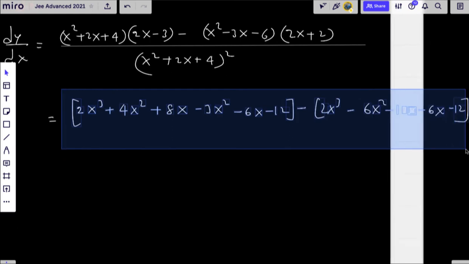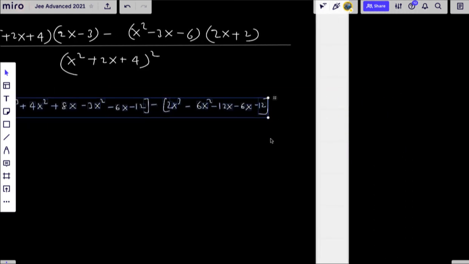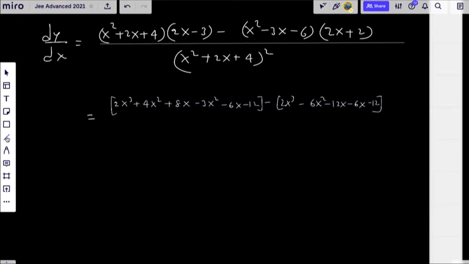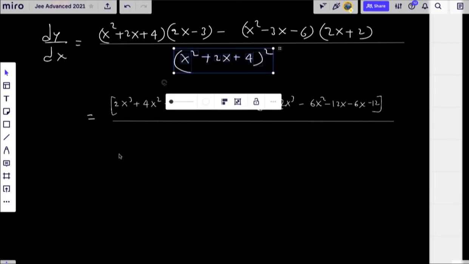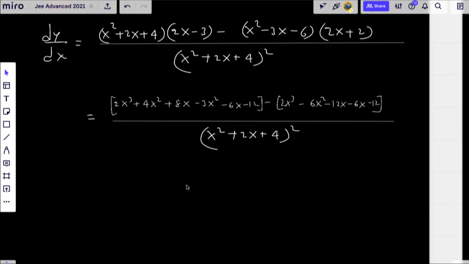Okay, so think about this one. Fine. This is the numerator part. Then go for the denominator, which is as it is, x square plus 2x plus 4 whole square. Okay, now we got dy by dx.